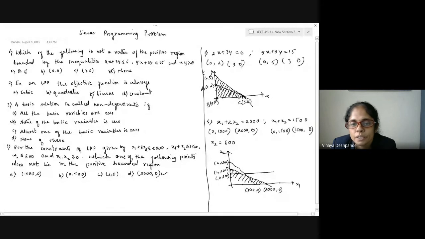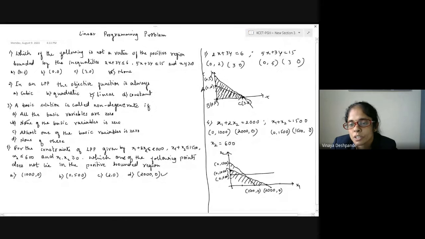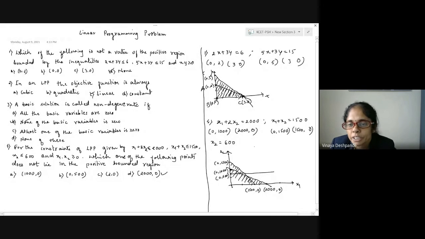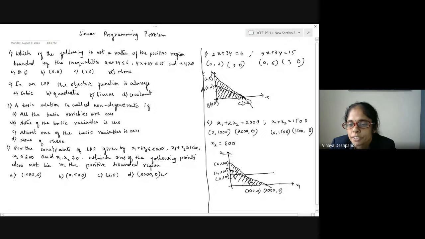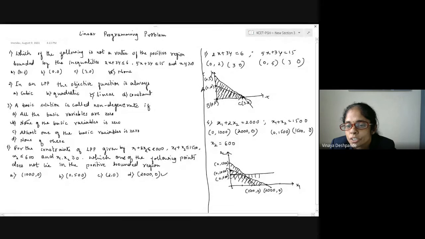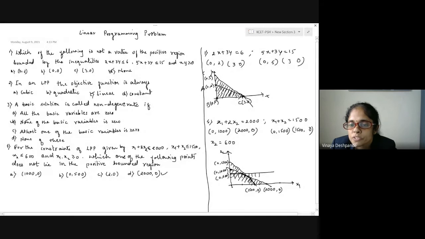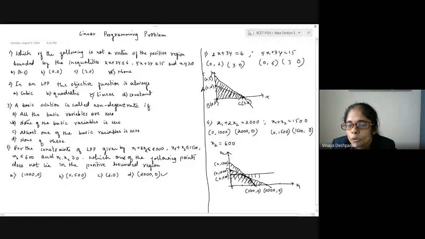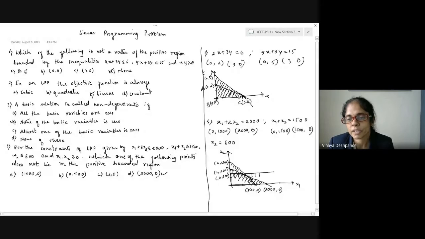Then the second inequality, x1 plus x2, again the lower region. Then the third inequality, again the lower region. So this is the feasible region.